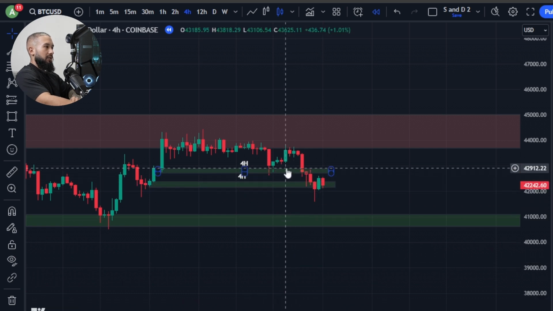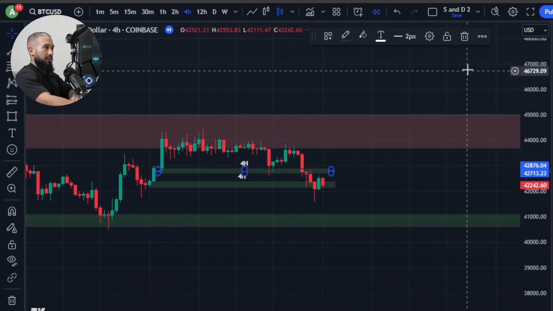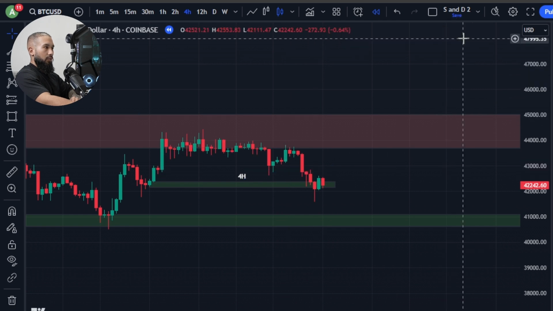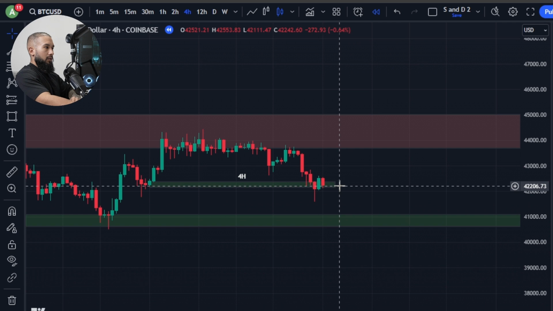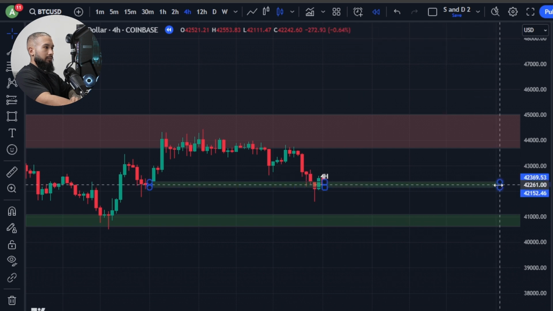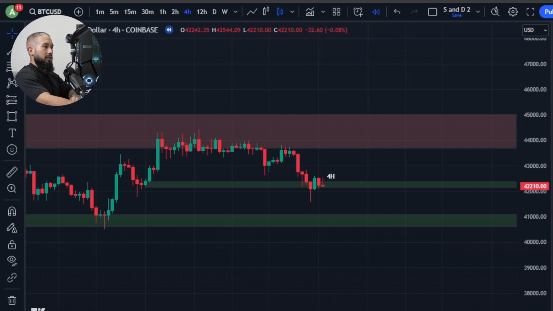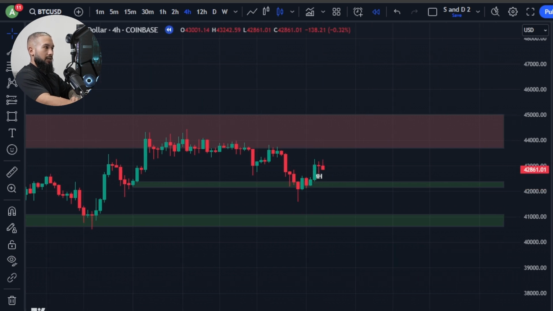It didn't have to do that because of the previous two qualifications though. So remove that. And this 4-hour demand zone is currently holding up. We're going to let price continue to play out. Still waiting to see if price gets to our lower demand zone for a buy entry.